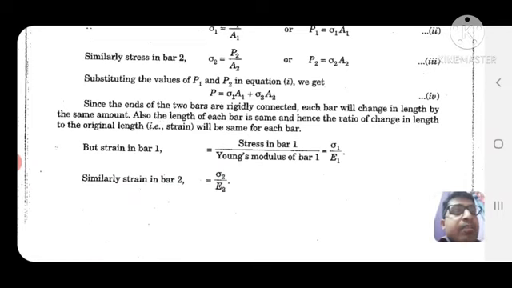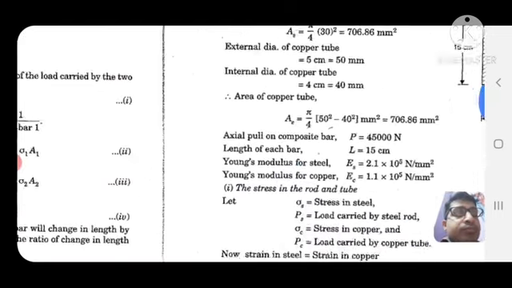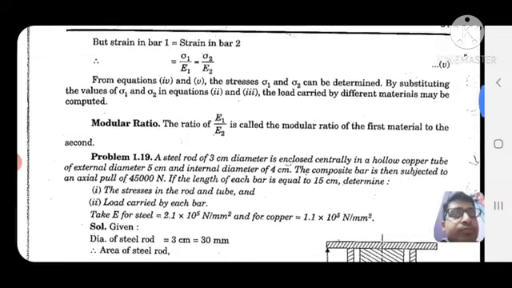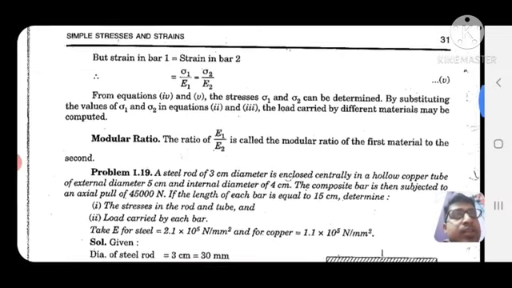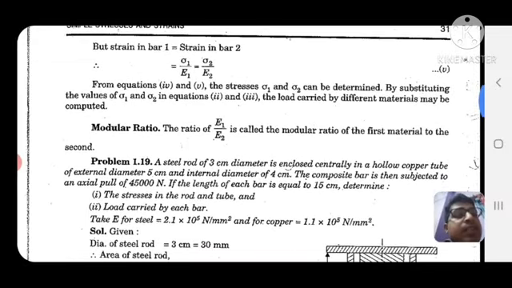But strain in bar 1 is the stress in bar 1 divided by Young's modulus of bar 1, sigma 1 by E1. Similarly, strain in bar 2 is sigma 2 by E2. But strain in bar 1 is equal to strain in bar 2, so sigma 1 by E1 is equal to sigma 2 by E2.